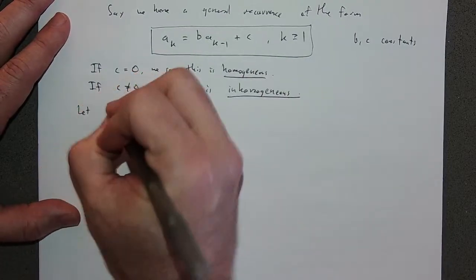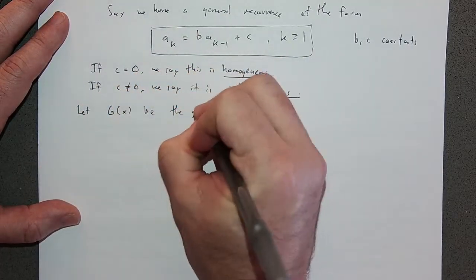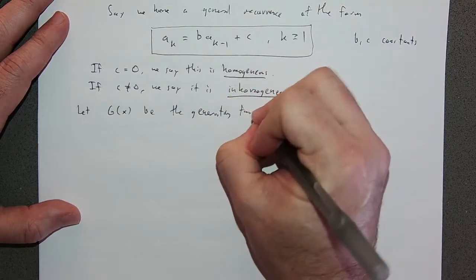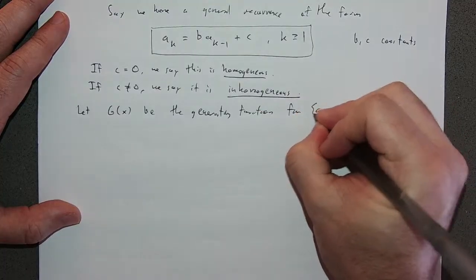Let g of x be the generating function for this sequence a sub k.